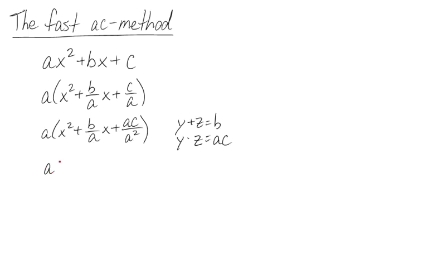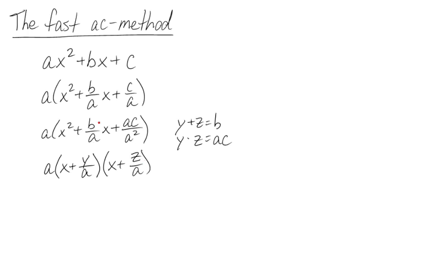With that said, we get a times x plus y over a, and multiply that by x plus z over a. You'll notice that y times z is ac, and it's over a squared. And also, when I do y times x, I get xy over a plus xz over a, and since y plus z is b, I get the original back.